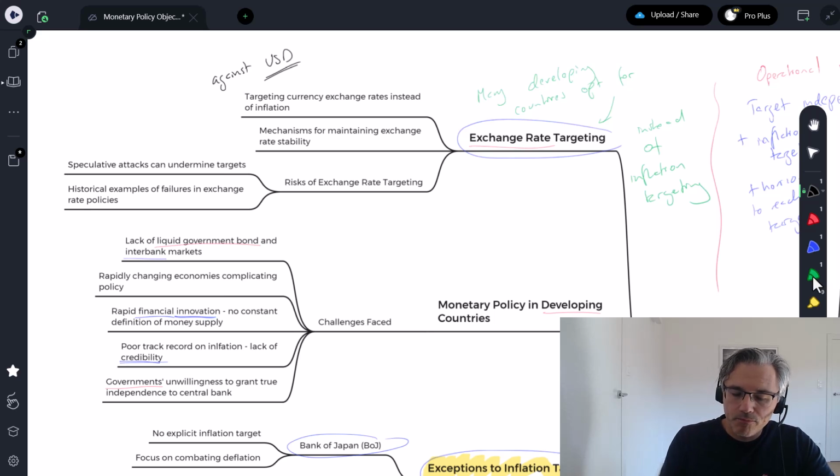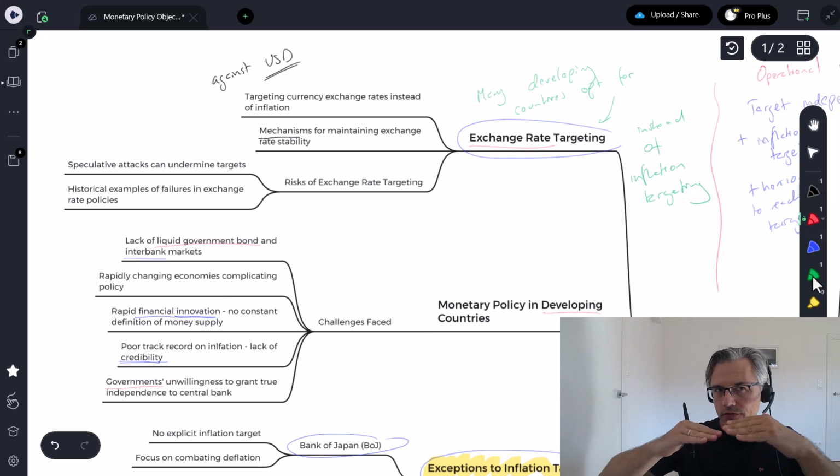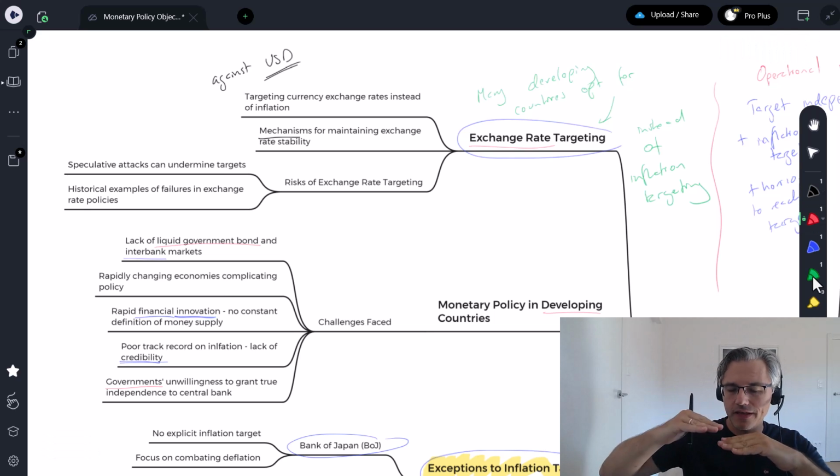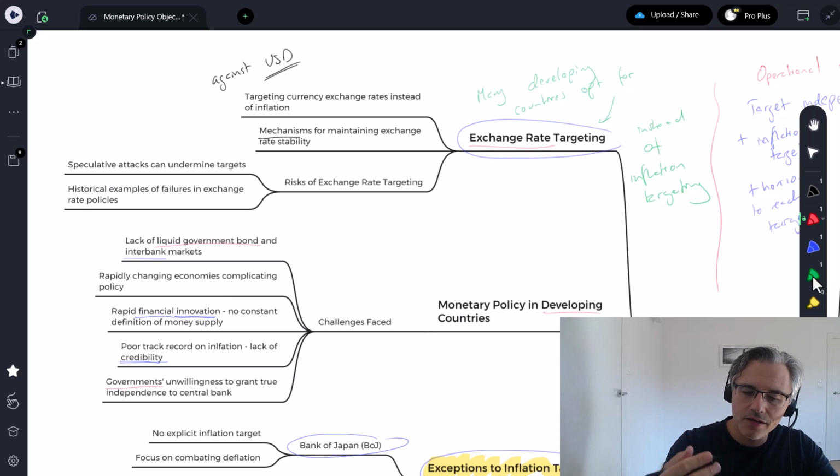And what the central bank tries to do in order to maintain that fixed level, or the exchange rate within that corridor, is operate in the currency markets.